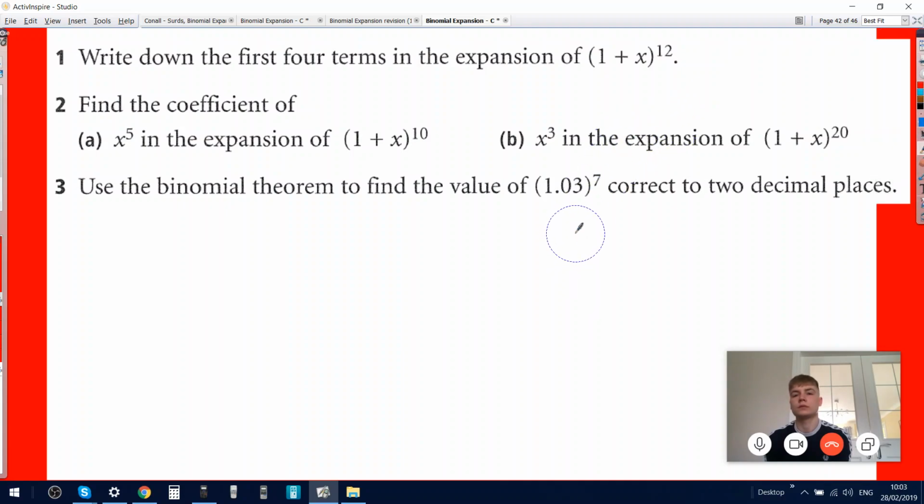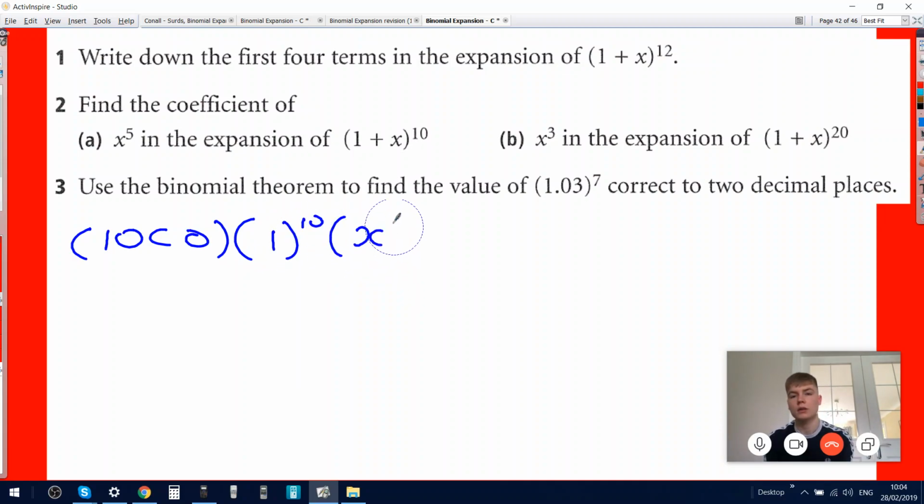The first 4 terms. Find the value of that to decimal places. Okay, how would you do 2A? The expansion of 1 plus x to the 10. So I'd start off with 10C0, and then 1 to the 10 and x to the 0.